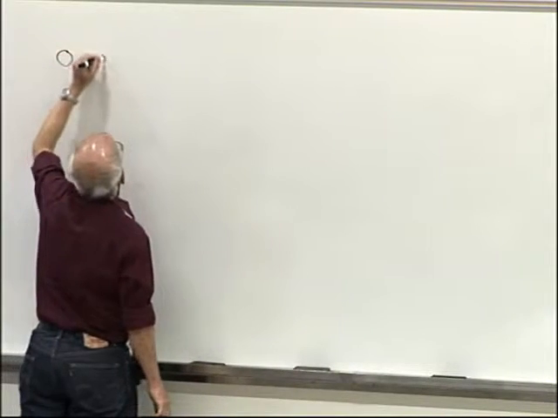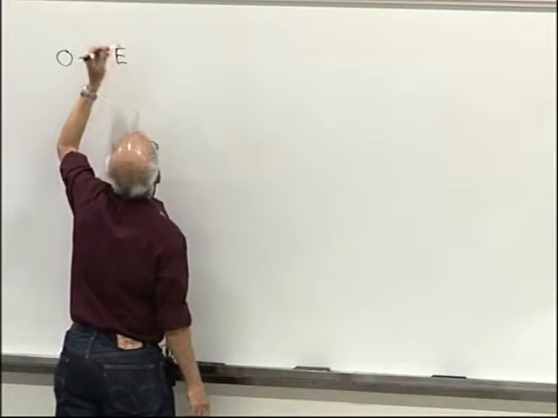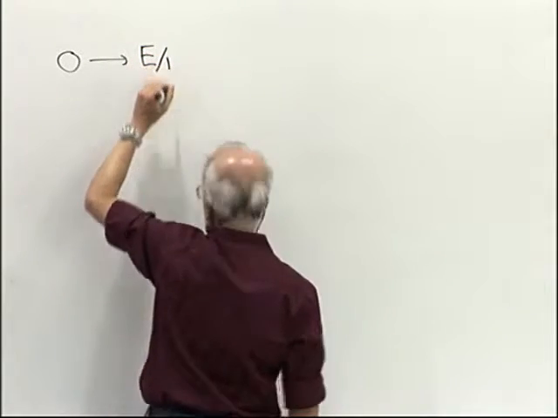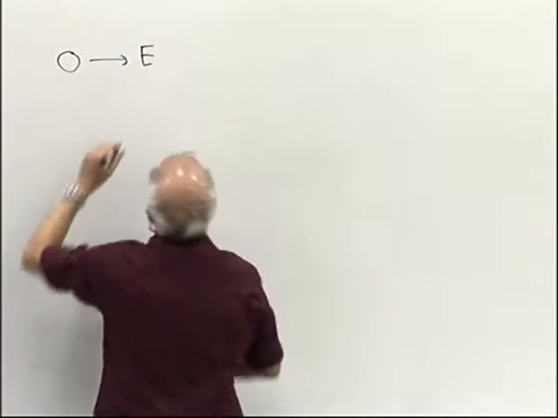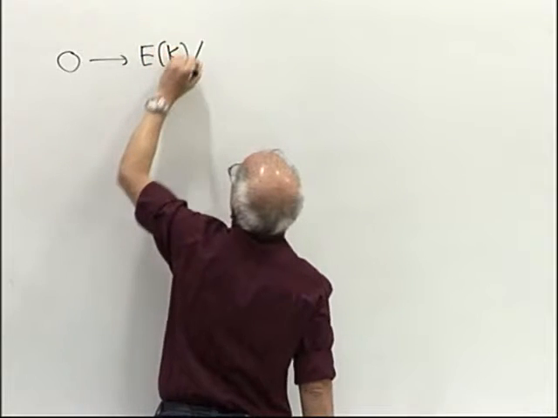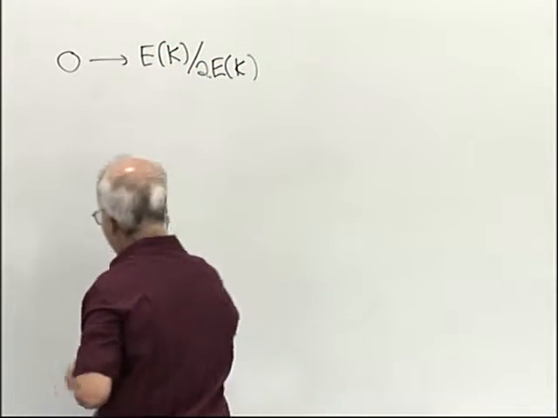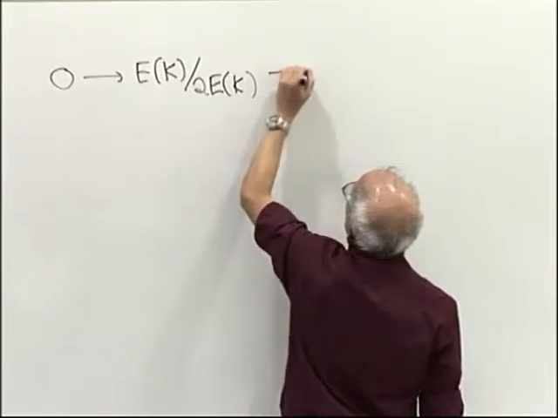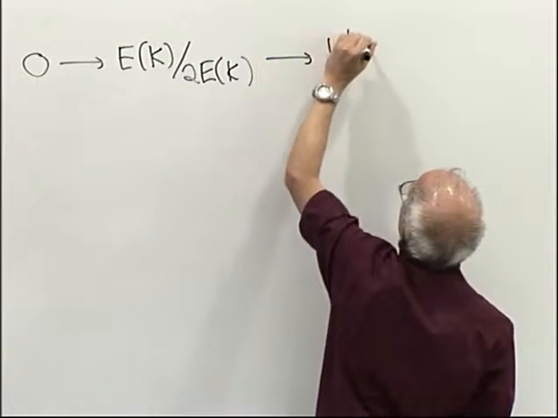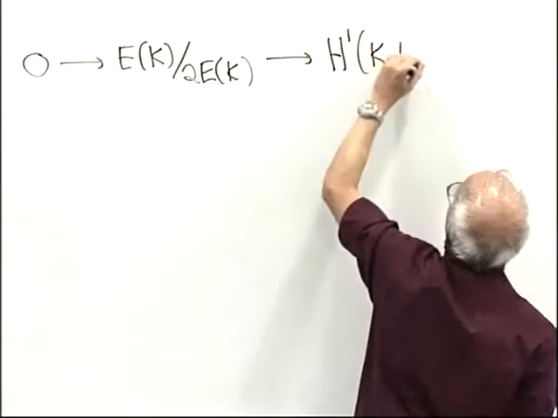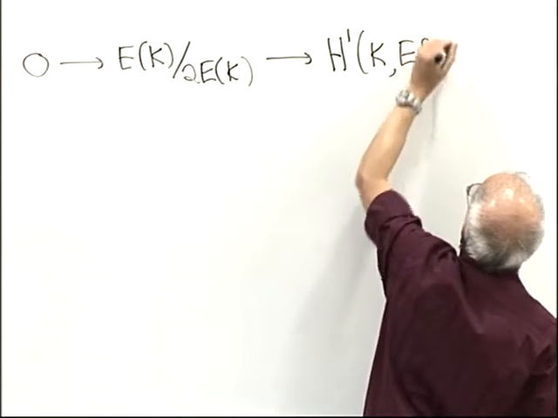So the exact sequence I wrote down before, with the rational points E of k mod 2 E of k mapping into the Selmer group, actually begins its life as a map into the first cohomology group, H1 of the Galois group of K acting on the 2 torsion.